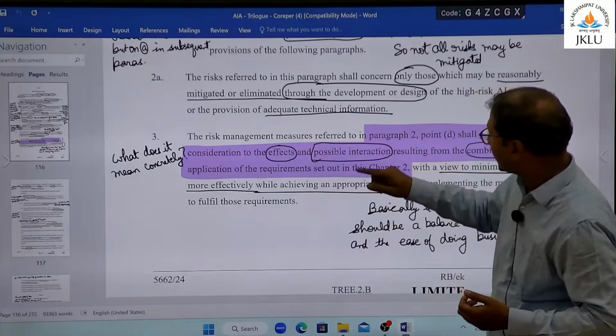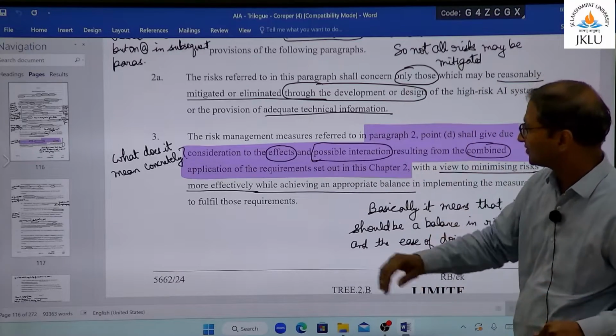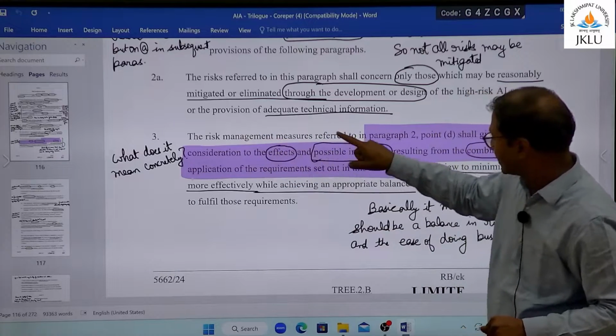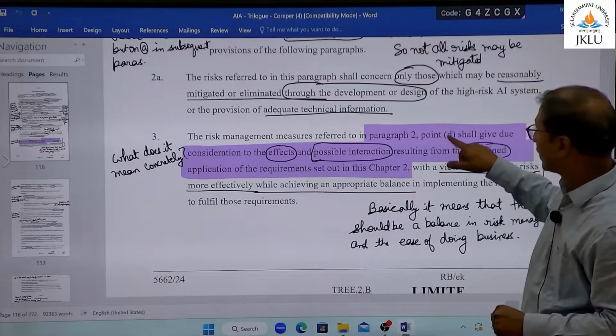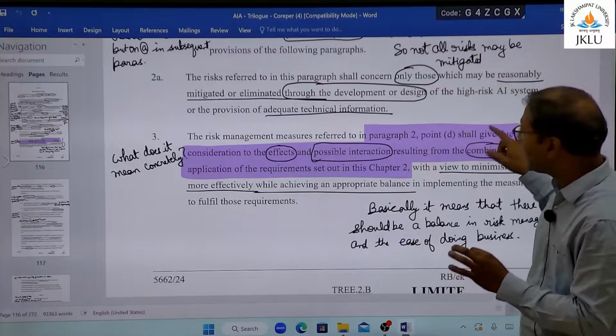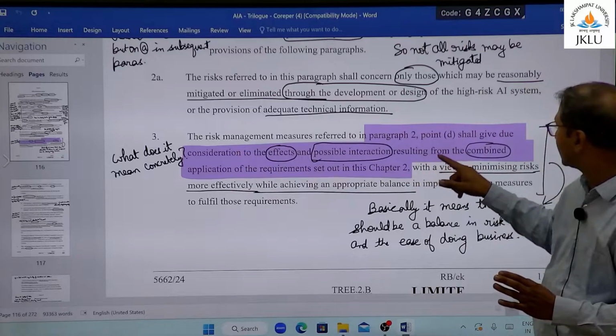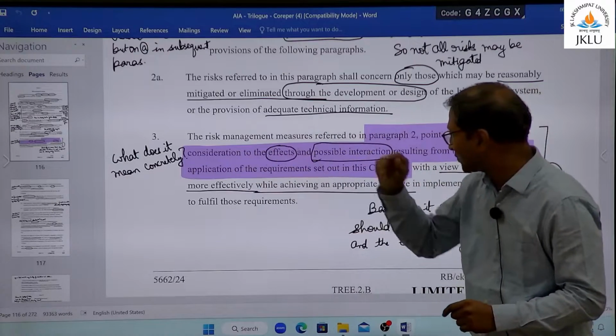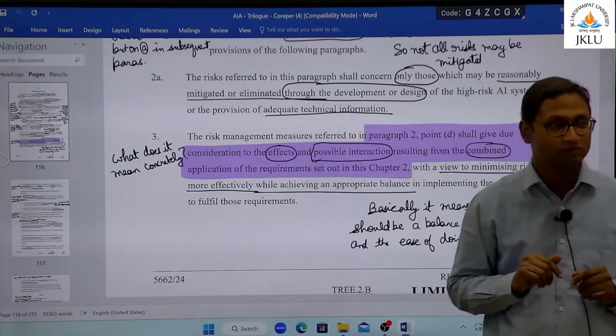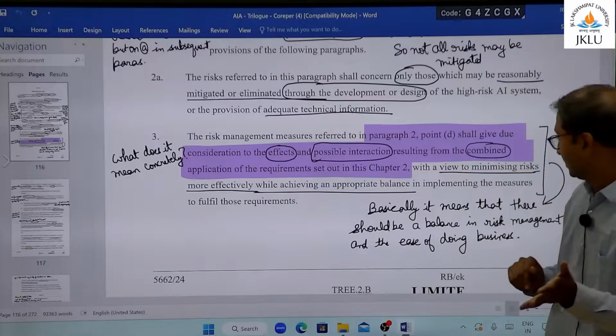So the risk management, now this is, the risk management measures referred to in paragraph 2, point D, shall give due consideration to the effects and possible interaction resulting from the combined application of the requirements set out in chapter 2. What does it even mean?